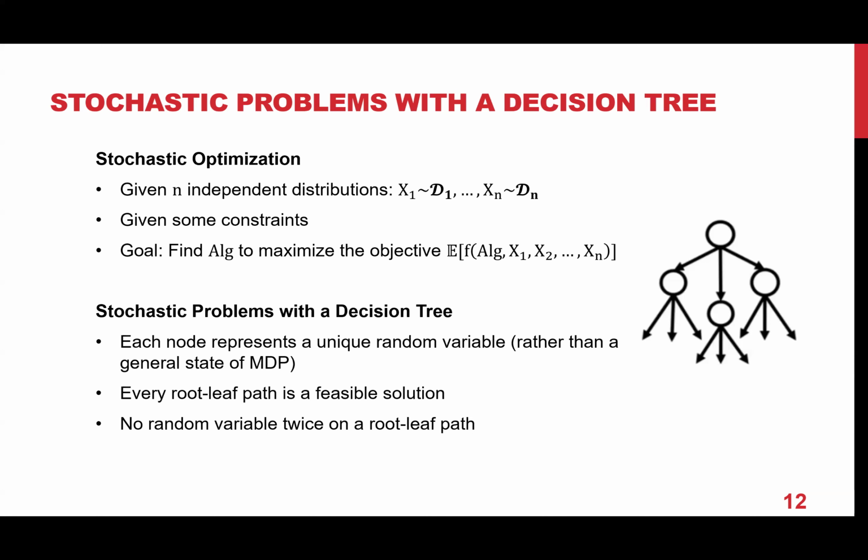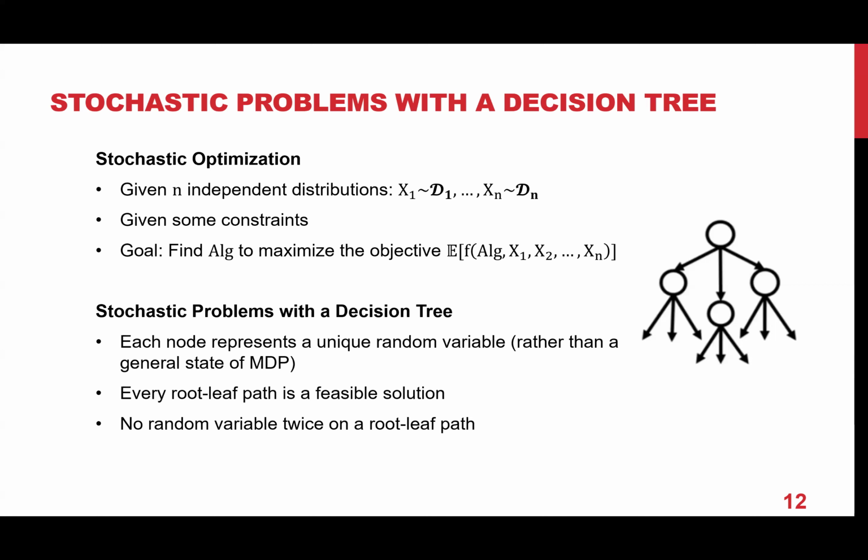Depending on the realization of this first random variable, I'm going to go to distribution 2, distribution 3, or distribution 7. So imagine stochastic problems where the nodes of the decision tree correspond to unique random variables. Such stochastic problems are what we want to study.